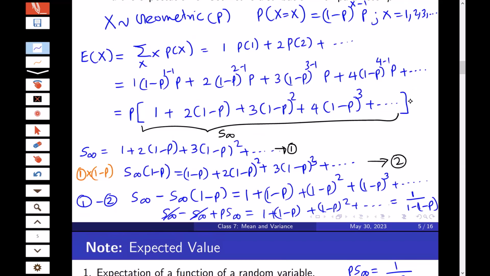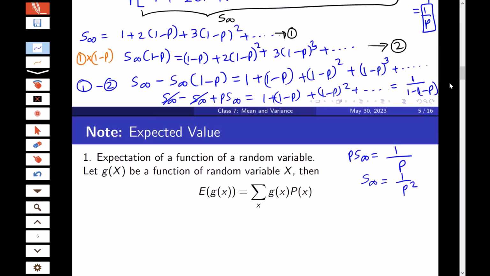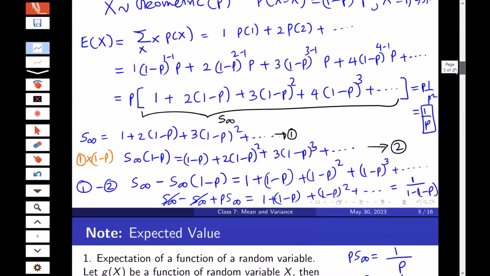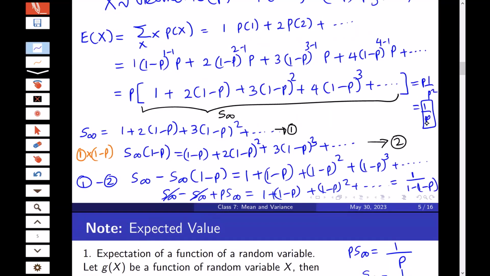So from that one, I can show this is P times 1 minus P square. So that means 1 over P.